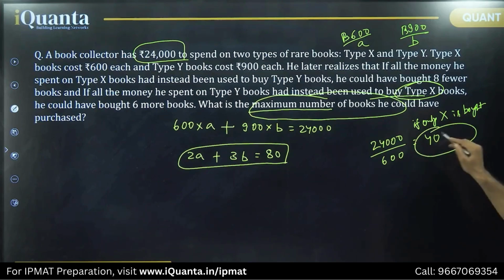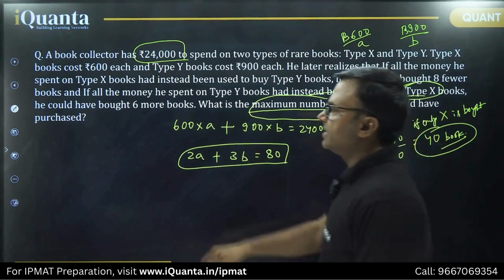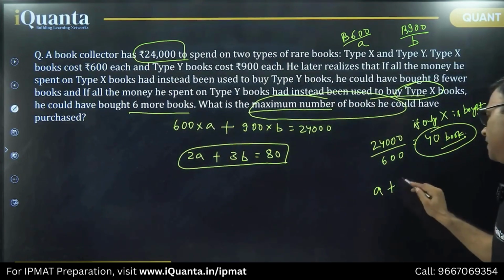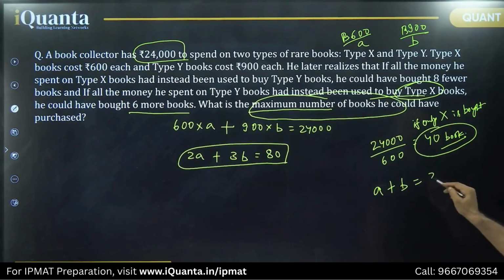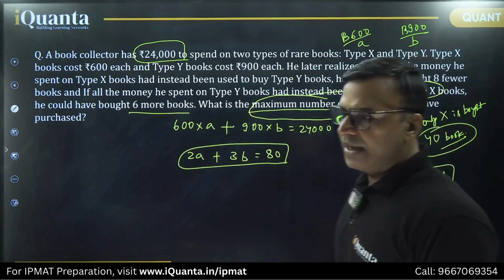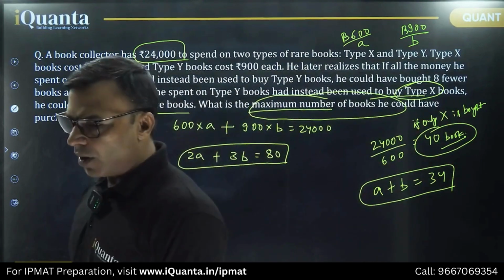So 40 books. This is 6 more. That means the actual number of books bought, A plus B, should be 6 less than 40, that is 34. This 40 should be 6 more than the total number of books actually bought.